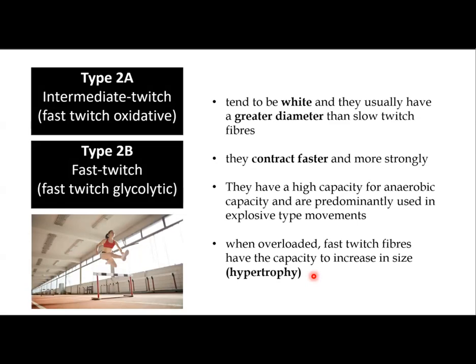So if there is an exam question, what is the main difference between slow twitch fiber and fast twitch muscle fiber? You just think fast twitch, chicken breast is white, so fast is whiter in color. So basically this is how you can remember that.